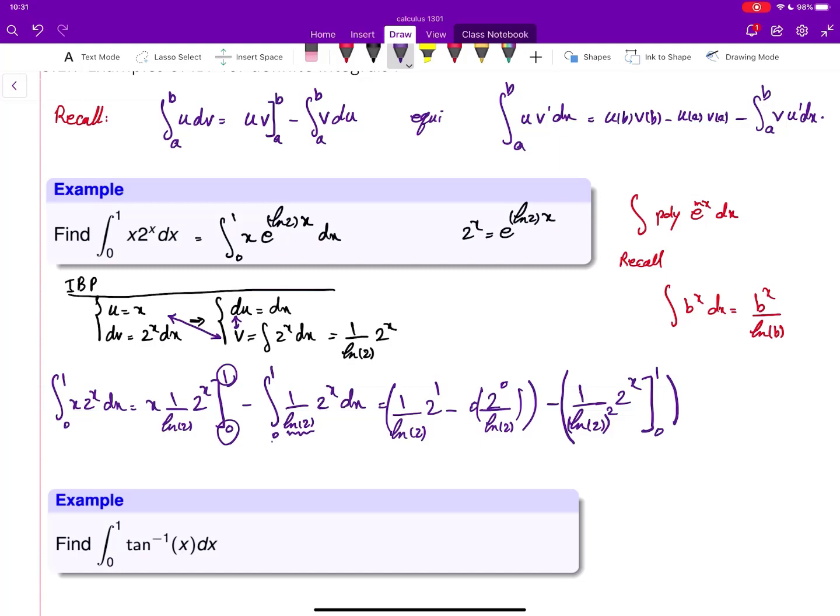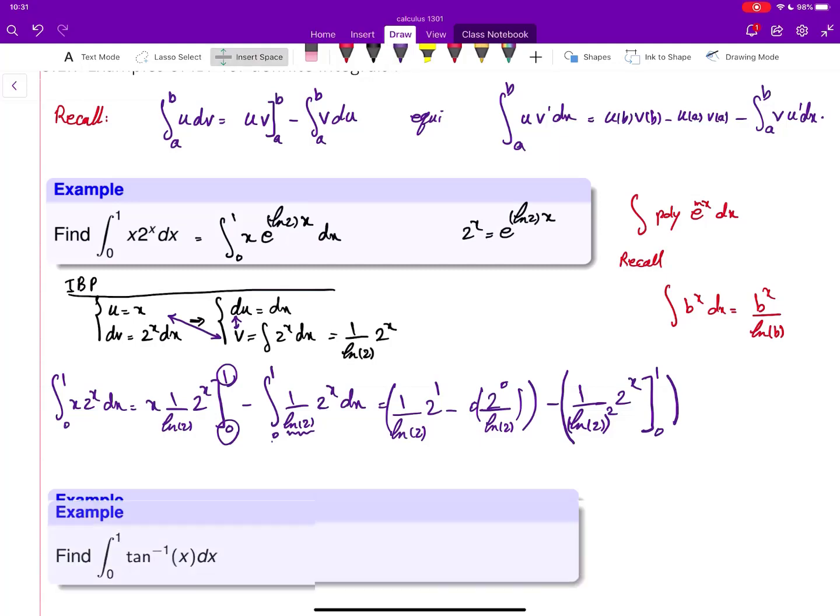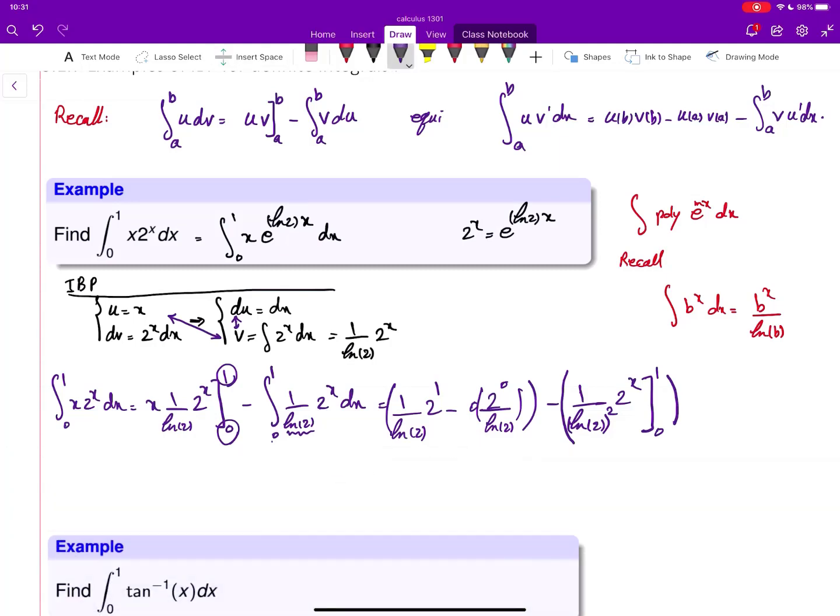Okay. So what we have here then is, for the first term, 2 over ln 2. The lower limit part is 0, so I don't need to write anything there.